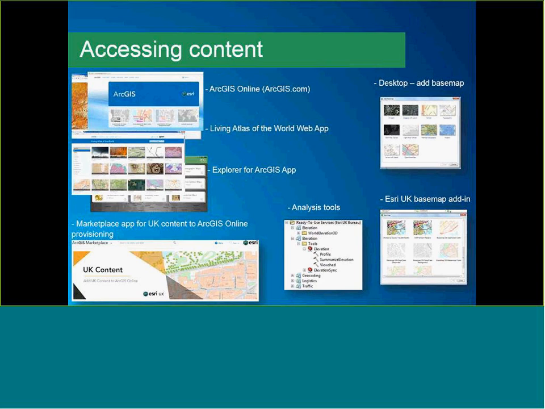So the elevation layers, again, that I'll talk about later, can be accessed, and you can run things like viewshed and profile against those services. Whereas not so long ago you'd have to have a lot of that data locally and run that as a local process. These are now consuming these services and actually format for your analysis, which is really useful in terms of access to global content to enable you to do that.